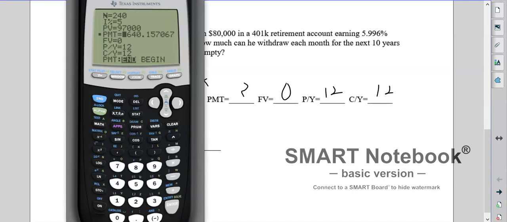So we're going to go back into our calculator. We're going to go up and change the 240 to 120. We're going to change the interest to 5.996. The present value is 80,000. I'm going to put the negative in just for the heck of it.